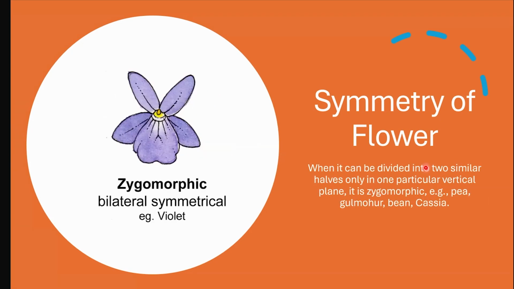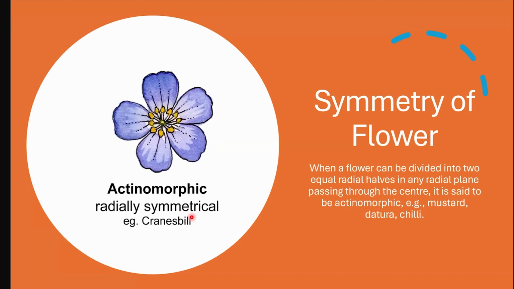So, let us discuss it one by one. As I said, zygomorphic is when a flower can be divided into two similar halves only in one particular vertical plane. Examples of zygomorphic flowers are pea, bean, cassia, violet, etc. And then actinomorphic, when a flower can be divided into two equal radial halves in any radial plane passing through the center.